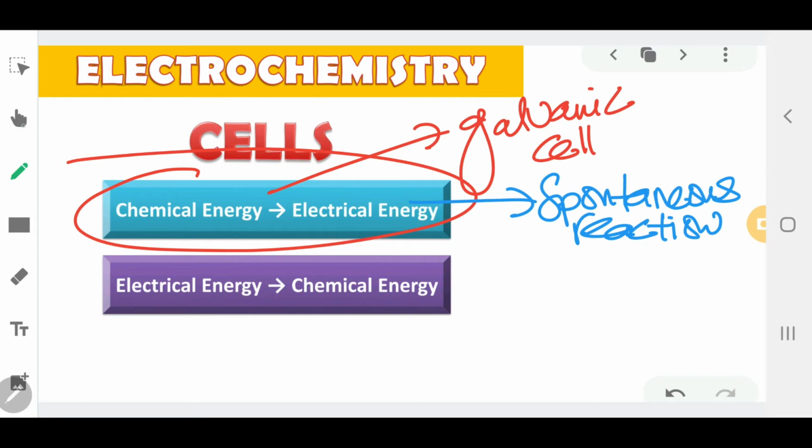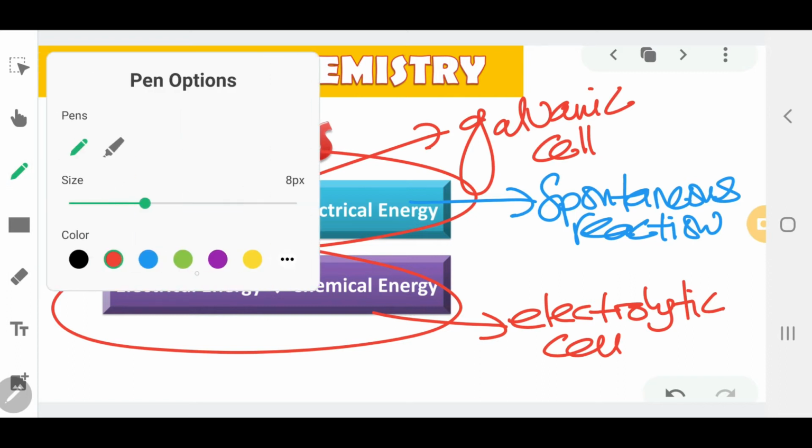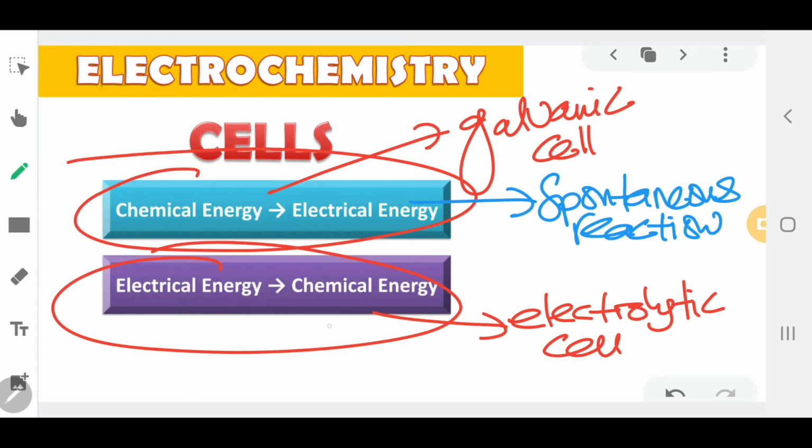The one that we have down here is for another cell known as the electrolytic cell. And we're going to look at this electrolytic cell in another video. And I think you can guess it already.